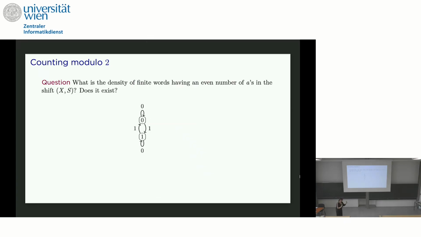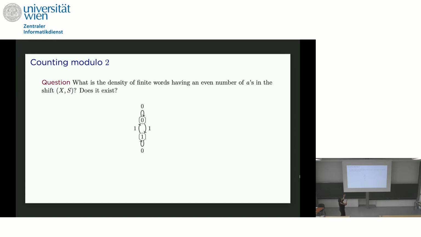So I continue with my example from the beginning. What is the density of finite words having an even number of A's in the Fibonacci shift, say? That's where an automaton viewpoint can come in. With the group Z over 2Z, I can associate this graph.